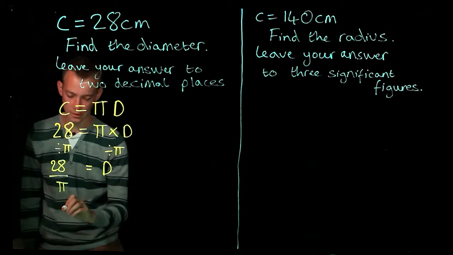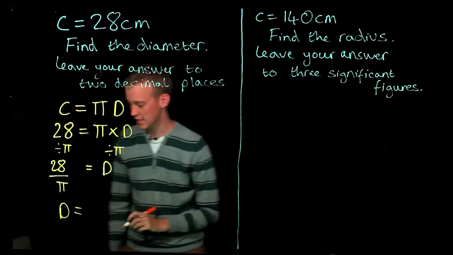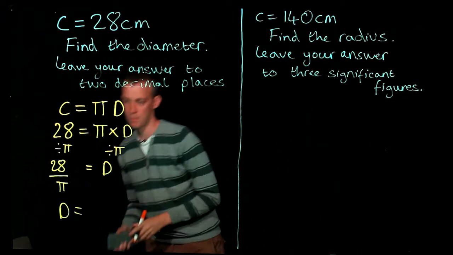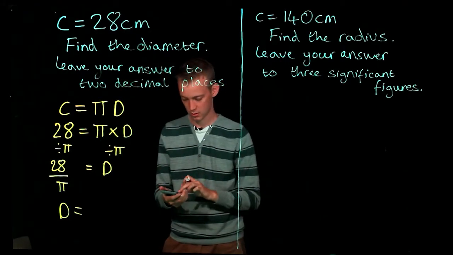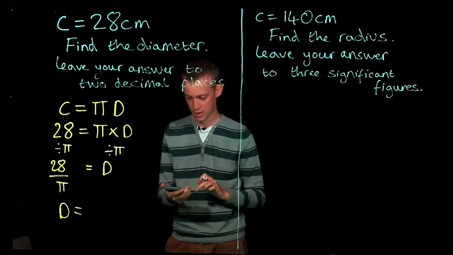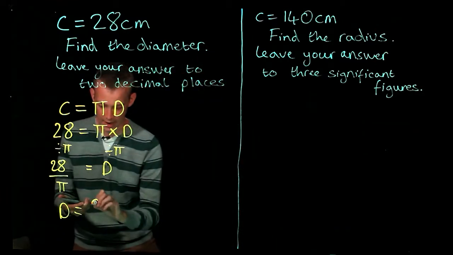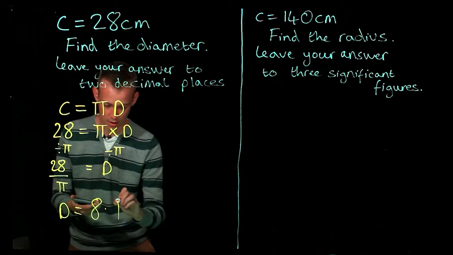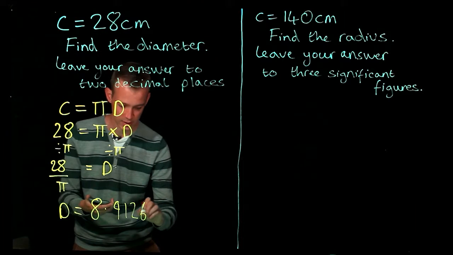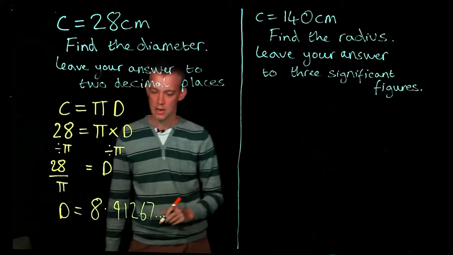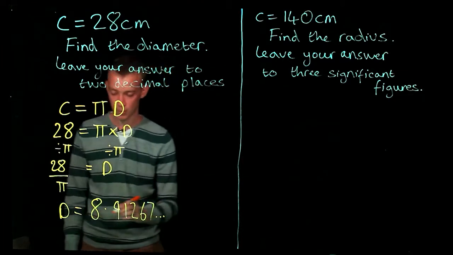And on a calculator, I'm going to type in 28 divided by pi, and I get 8.91267, and it carries on. Remember, my answer needs to be to 2 decimal places.